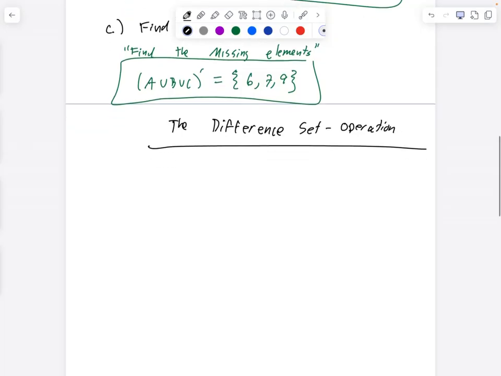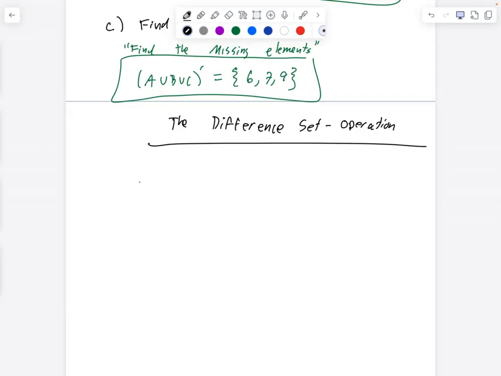Or we can also note this as set A with the elements in B removed. So we're removing those elements that they share in common.